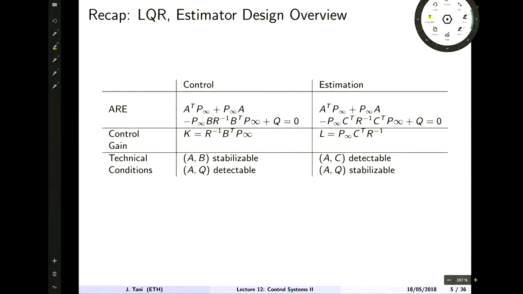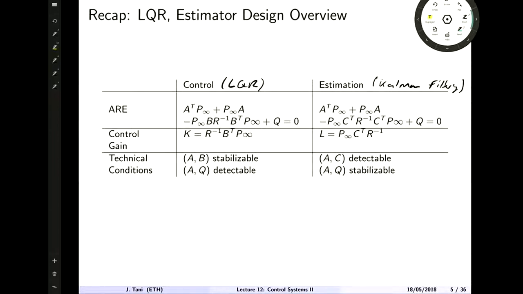Okay, so what we saw also last time is that there is a principle that is called duality. Actually, you will encounter that also in other parts of your studies. For instance, if you go on with mathematical optimization, you will see that also there is duality, and that's something that you will encounter all the time. And this principle of duality is that the control problem, so LQR, is what we've looked at, and here we've looked at Kalman filtering. So the control problem has exactly the same structure as the estimation problem.